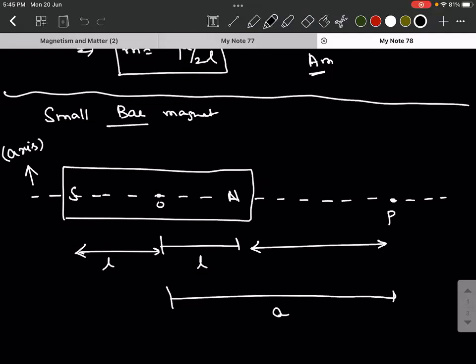It is going to be a minus L, and this distance will be a plus L, correct?